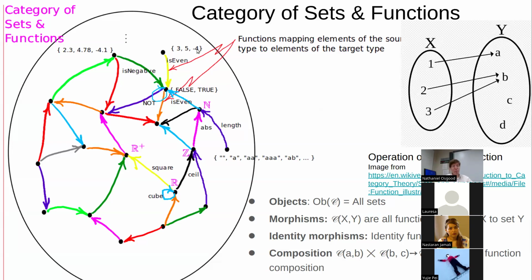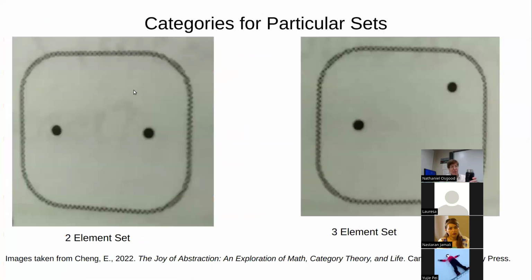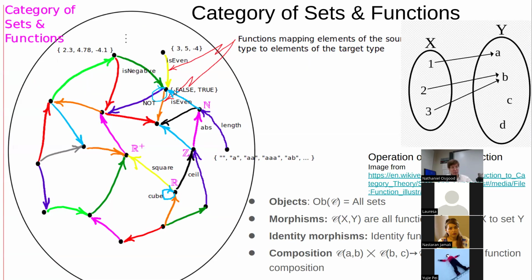Okay, so if we put this into a category, we would see these objects, and we would see maps between them, like is even, that might classify whether each of a set of integers is even, right? Or we could have an is negative map that maps to true and false, right? For each of these numbers, it maps to true or false. Are we good with this notion?